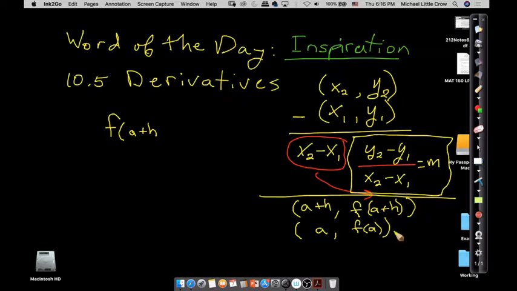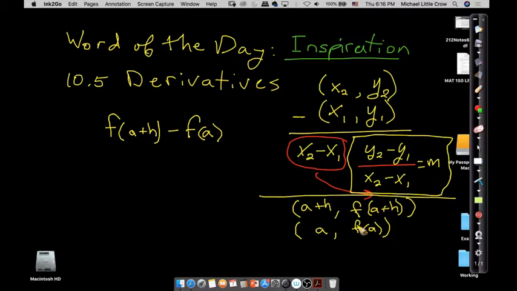So now these are 2 points. We've got an x value and a y value. So this is where we're going to start for the derivative, building off of what we did up here. Okay. And so using this formula, we'll take the y2 minus the y1.